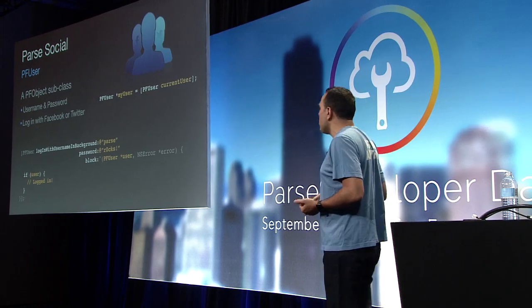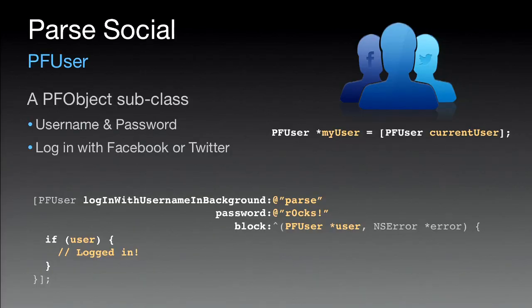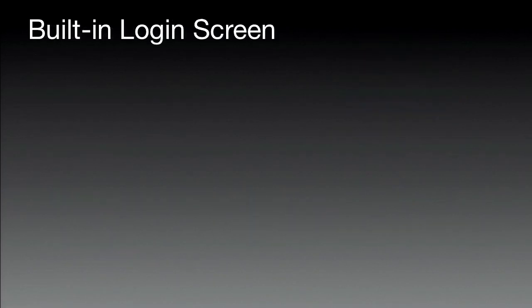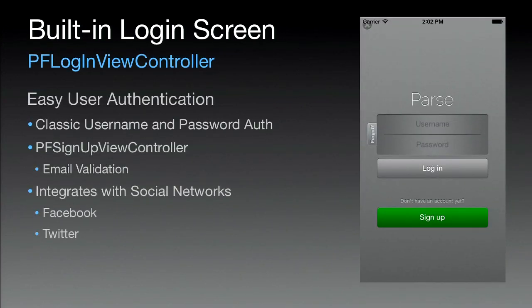And this is such a common pattern that it doesn't make sense to have you making this every time for every app. So of course, we have a built-in UI control. It's PFLogInViewController, and it's set up so that you can just add this to your app.